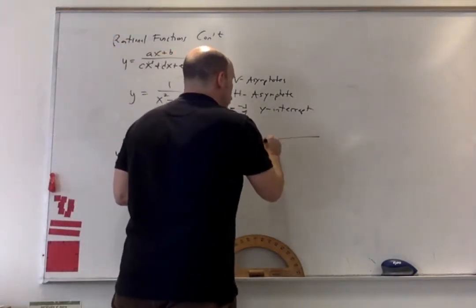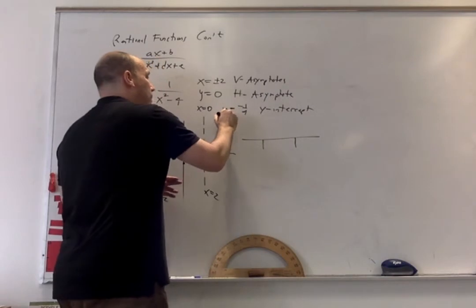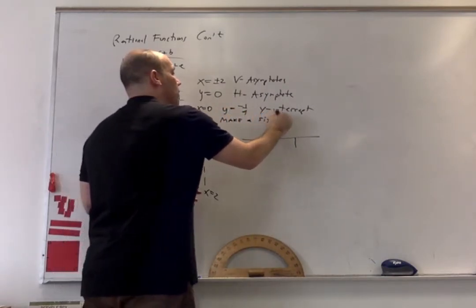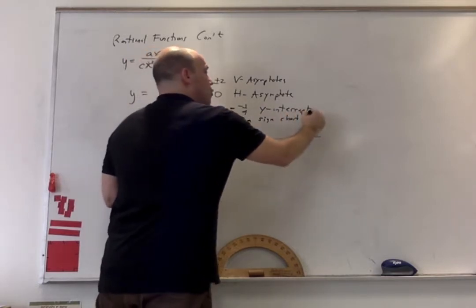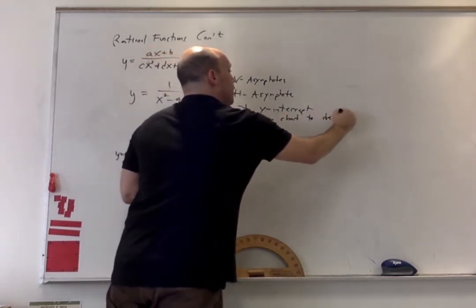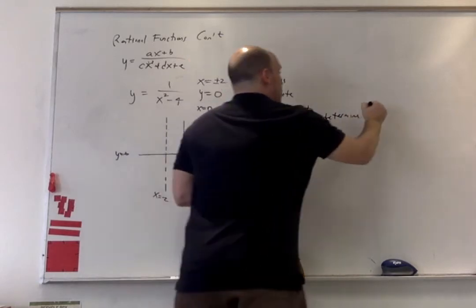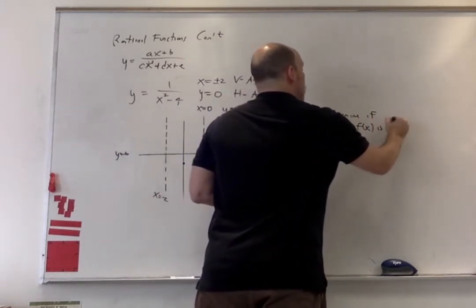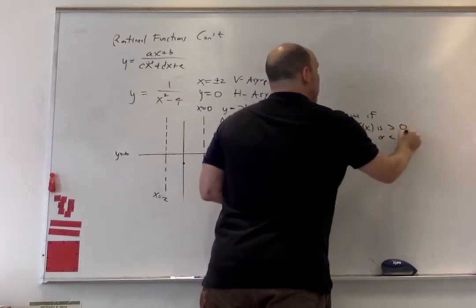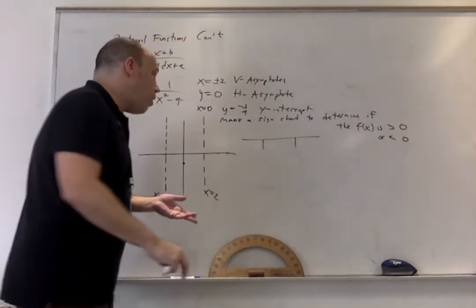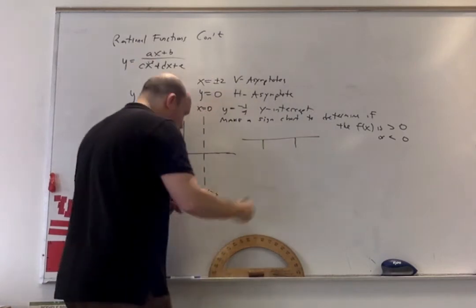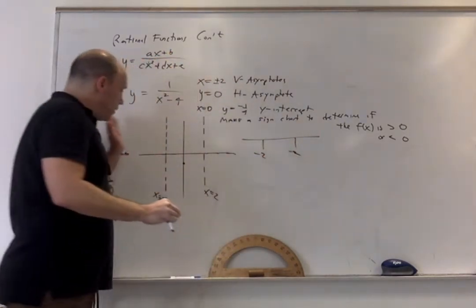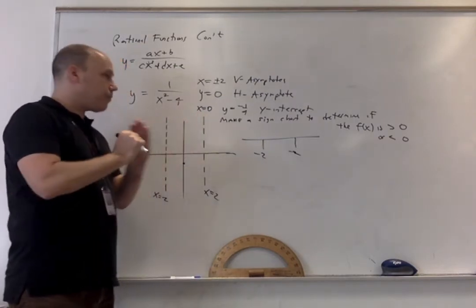So in my sign chart, make a sign chart to determine if the function is greater than 0 or less than 0. So my important points right now are the vertical asymptotes. Let's see what's happening between all of them.